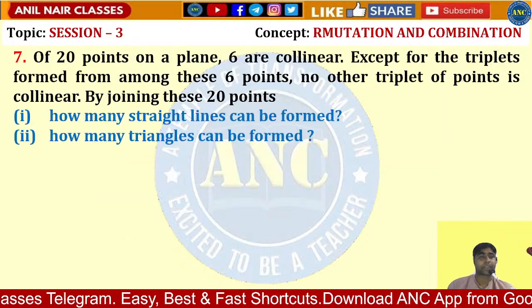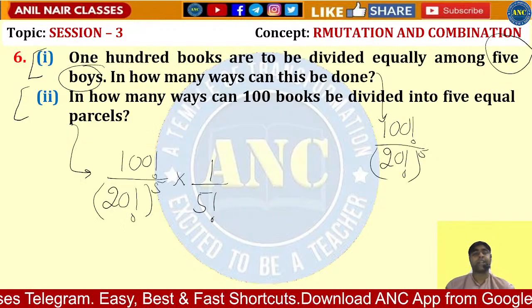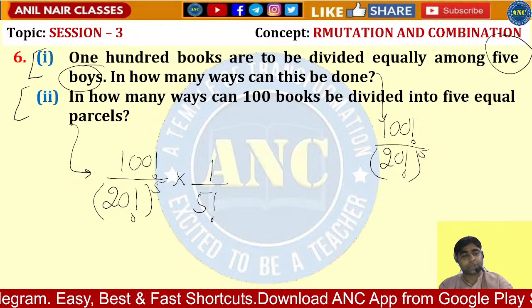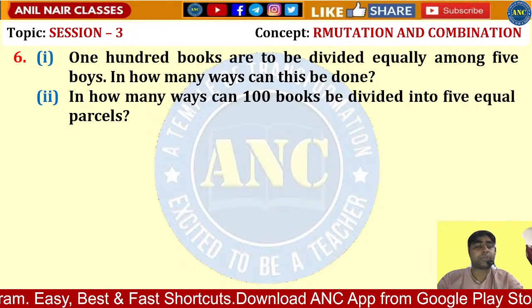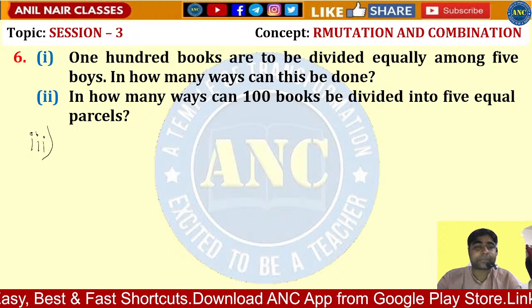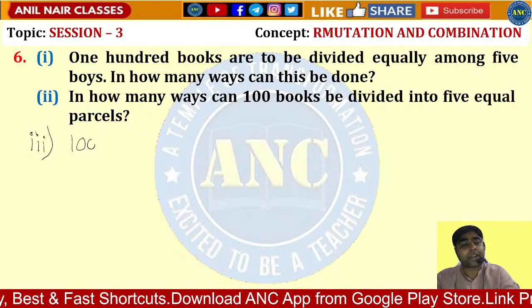Okay guys, now let me see the next question. Okay, this is not based on that concept, so I'll frame some more questions to make you more confident in this particular topic. The third part, I have 100 books.